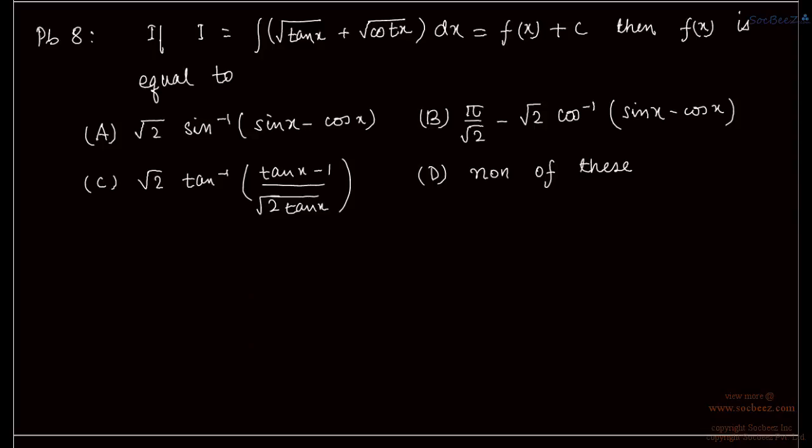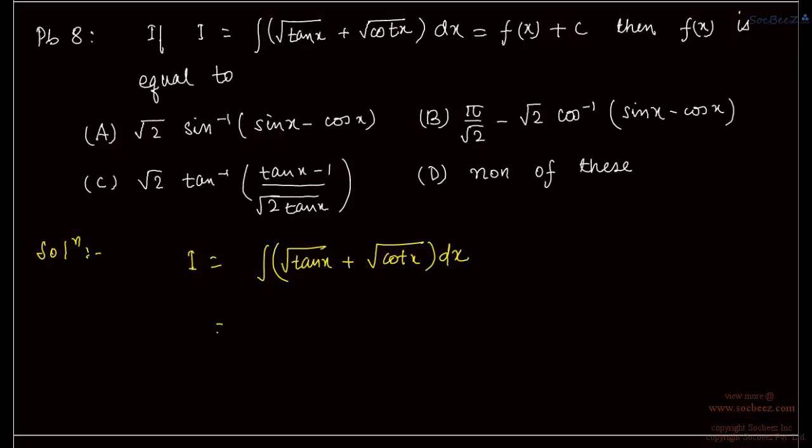Problem number 8. If I is equal to integral root of tan x plus root of cot x dx is equal to f of x plus c, then f of x is equal to. So basically we have to find the integral of root under tan x plus root under cot x dx, right?